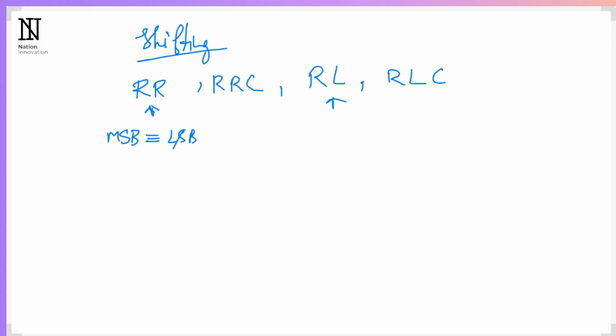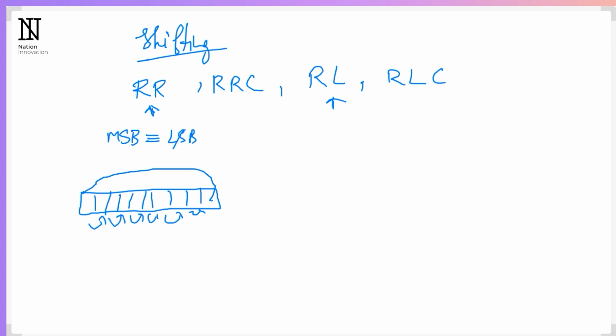For example, if I have an 8-bit instruction here and I shift right, this will shift here, this will shift here, this will shift here. Similarly, the last one will shift and go back to the MSB. This is how rotate right and rotate left occur.